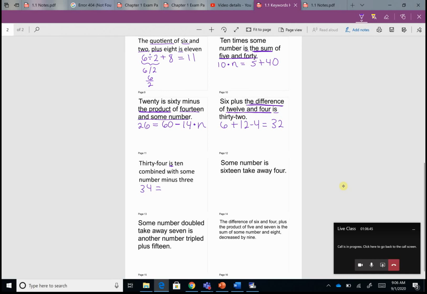Now we have 10 combined with. If we need to check our foldable, combined with means we add. 10 combined with some number minus 3. For number 14, we have some number is means equals 16 take away means we subtract 4.